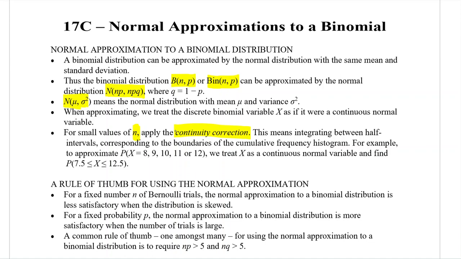So for example, if we were trying to find the probability of 8, 9, 10, 11, 12, and we're treating the x as being on a continuous scale, we would do half a unit below the 8, which is 7.5, to half a unit above the 12. So we're going to be looking between 7.5 and 12.5. So that's what we mean by a continuity correction. That's what you'll need to do.